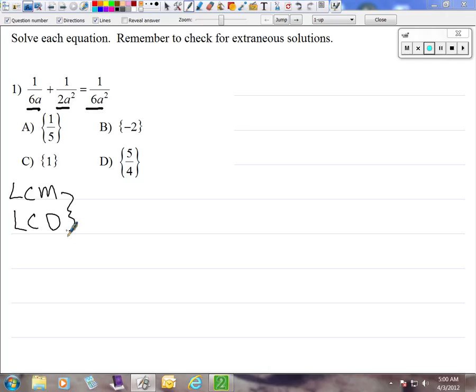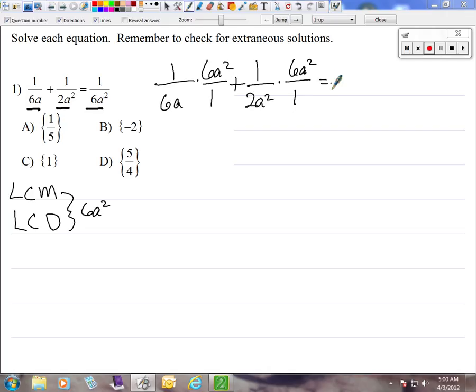So if we look at the 6 and the 2 and the 6, the least common multiple for that would be 6, a squared for the variable. So now we're going to take each fraction, 1 over 6a first. We're going to multiply it by 6a squared over 1. Plus, now we're going to multiply the next fraction, 1 over 2a squared times 6a squared over 1.